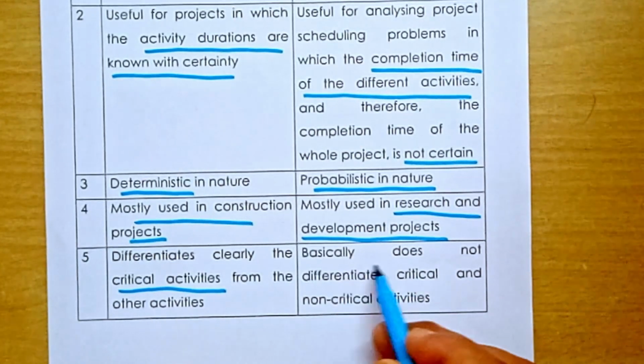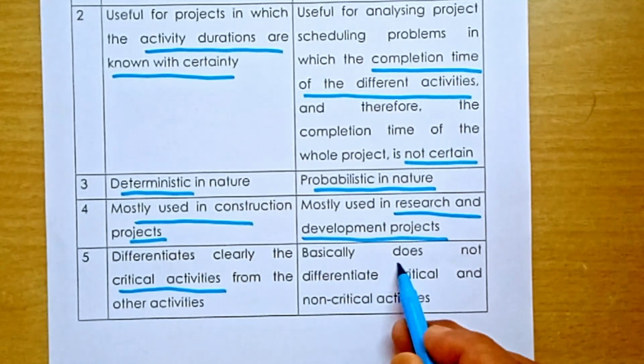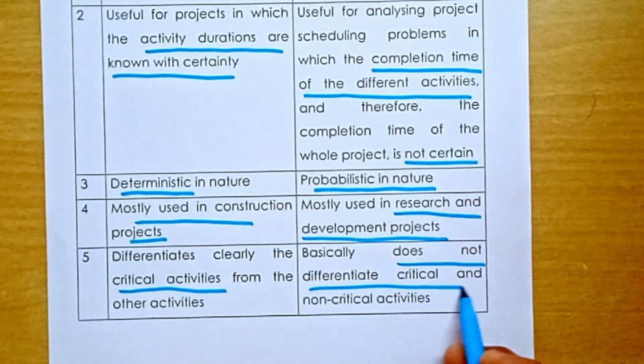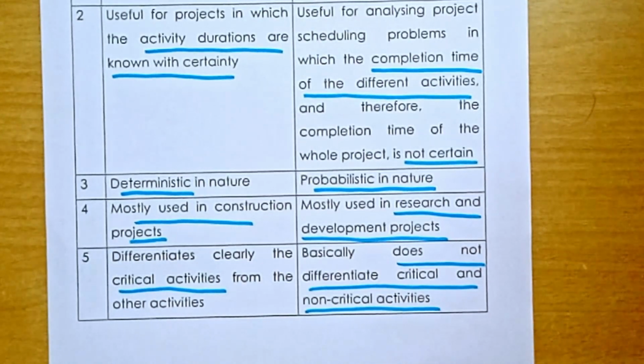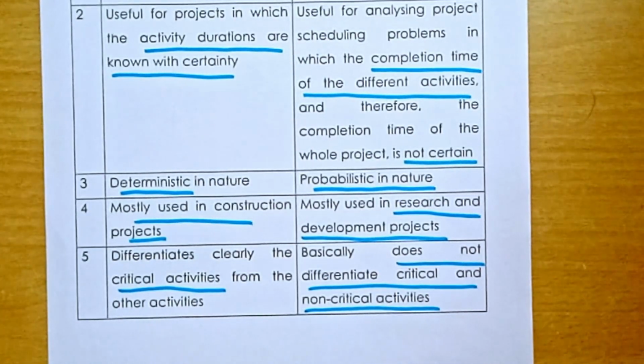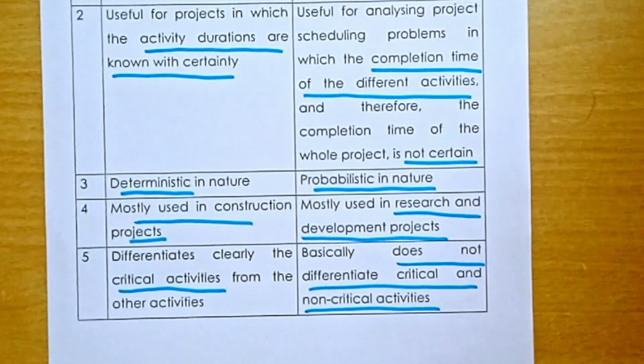You cannot differentiate. This model does not differentiate critical or non-critical activities, because when you draw the network diagram before the project is started, you don't know the time to be taken by different activities. So you cannot find the critical activities because you don't know the time duration.